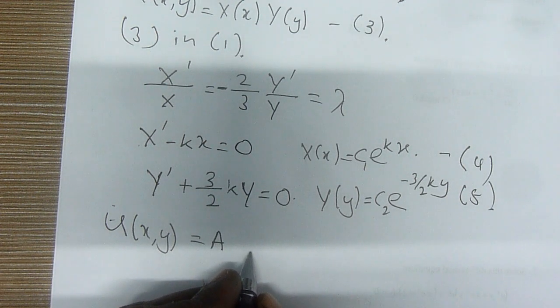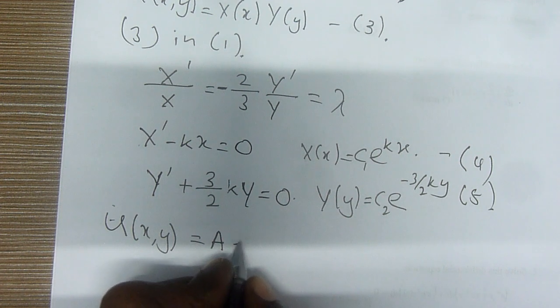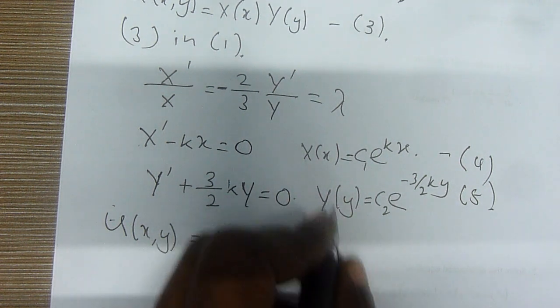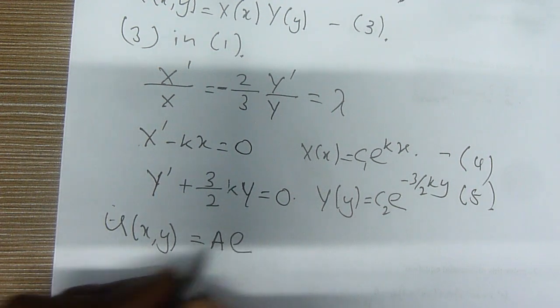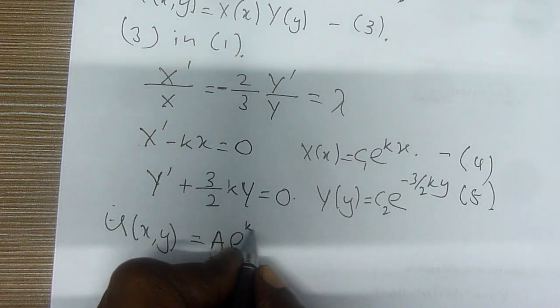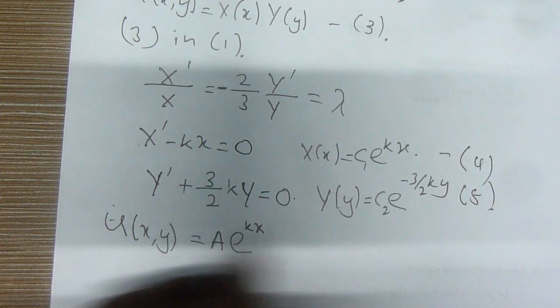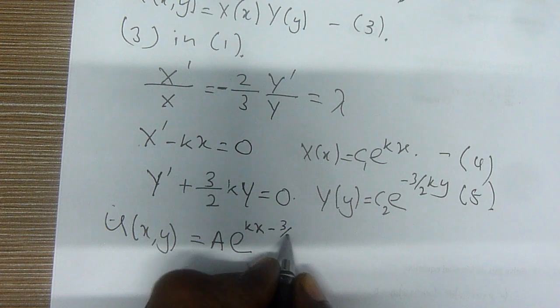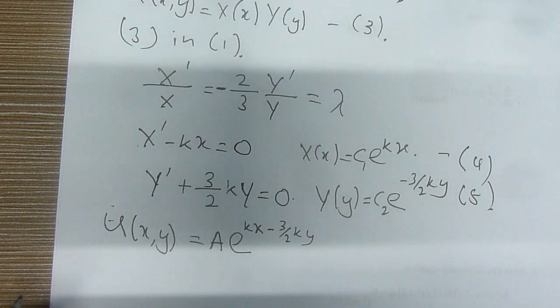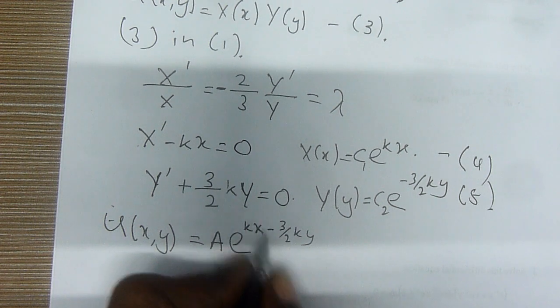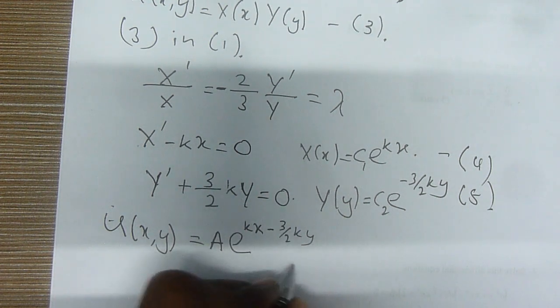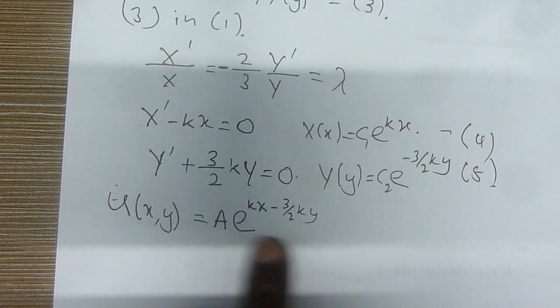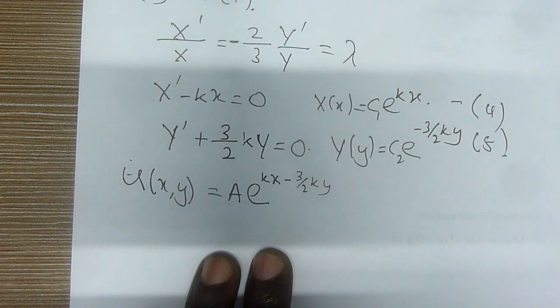It becomes A e^(kx) times e^(-3/2 ky), because it's A times. I can combine together, or if you say no, you can put it separately. No harm, as long as you know the way to do it.